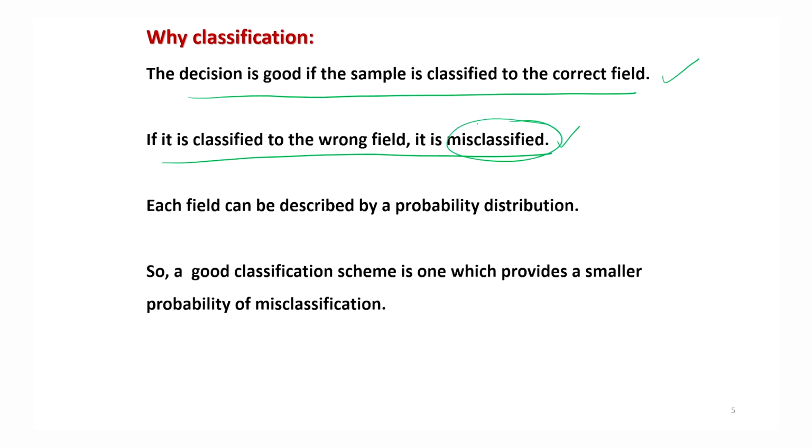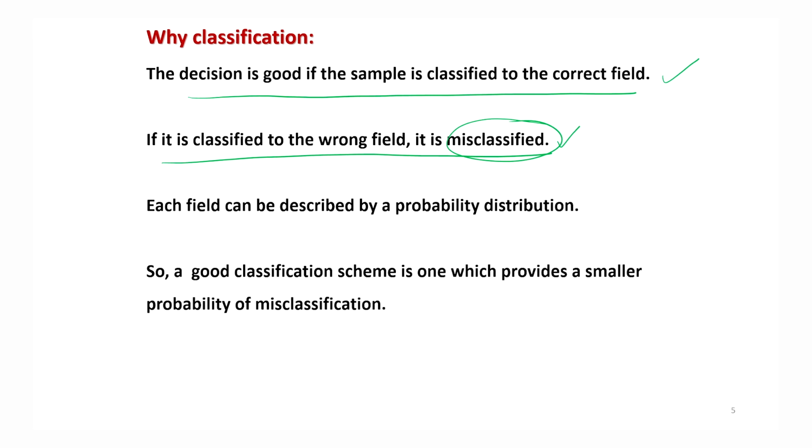Similarly, if a person is healthy and the person is classified to the group of healthy patients, it is correct. And similarly, if an unhealthy person is classified to the group of unhealthy patients, then it is correct. But if a healthy patient is classified to the unhealthy population, or an unhealthy patient is classified to the healthy population, then it is misclassification.